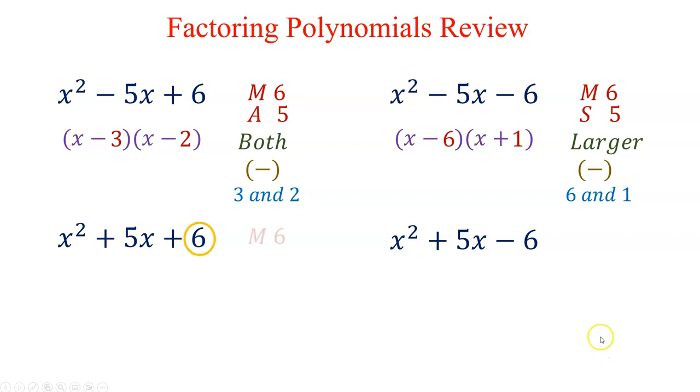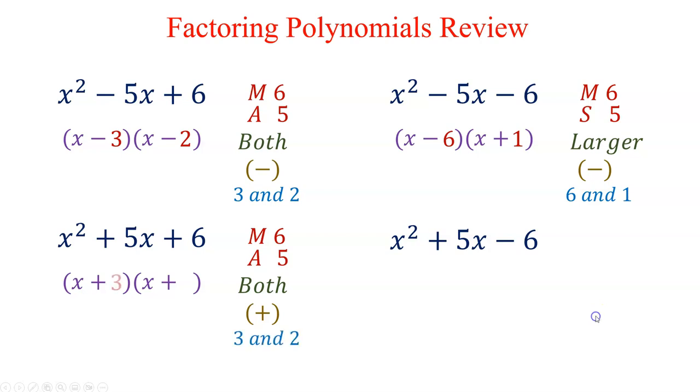Next one. So M6, what did I multiply to get 6? We'll also add to get 5. And because I said A, B, both will be this sign. Write my answer, both having addition. The two numbers that multiply to get 6 and add to get 5 are 3 and 2. I typically put my larger number first. One more.